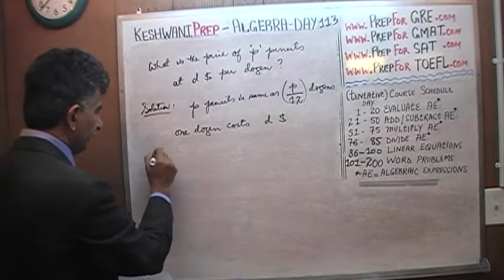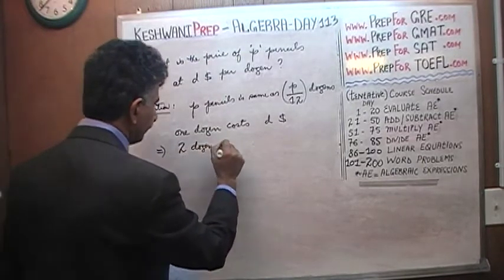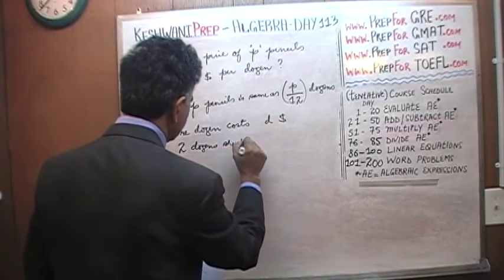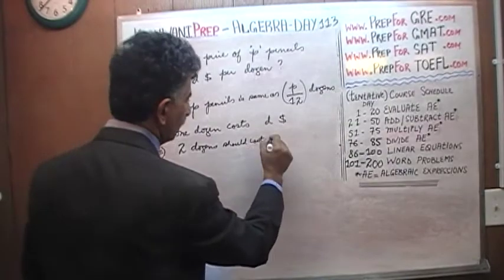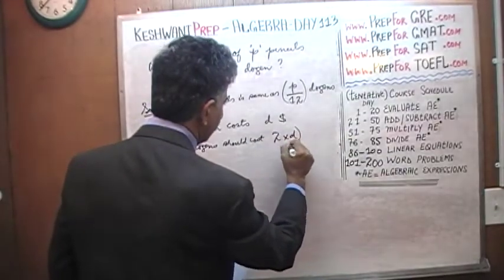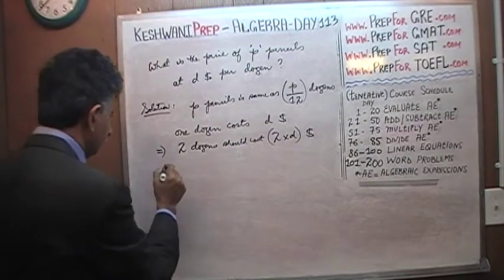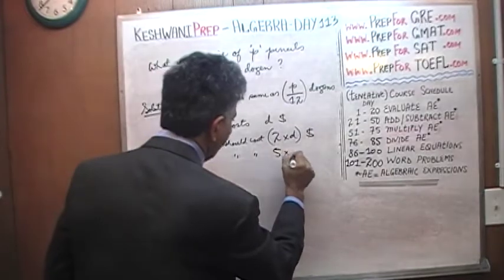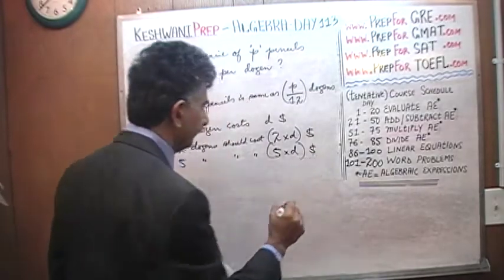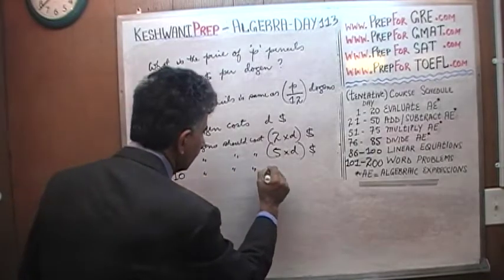If that's true, that implies that 2 dozens should cost, if 1 dozen costs $D, 2 dozen should cost 2 times $D. And 5 dozen should cost 5 times $D. And 10 dozen should cost 10 times $D.